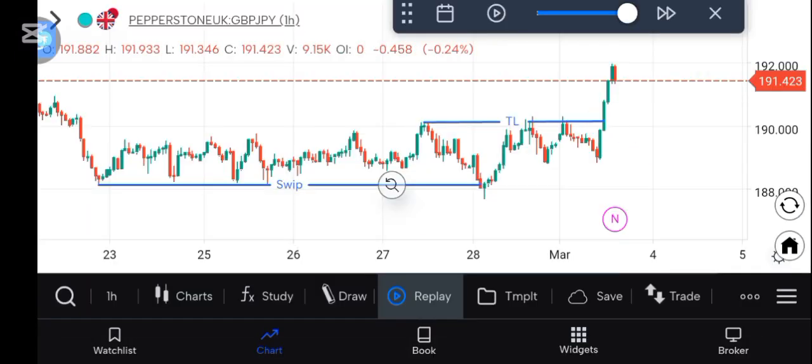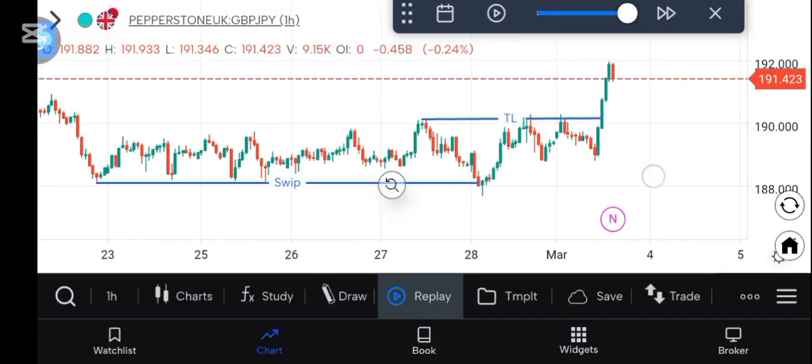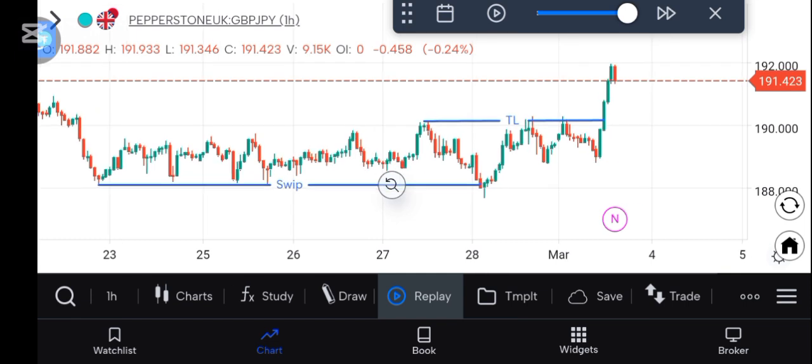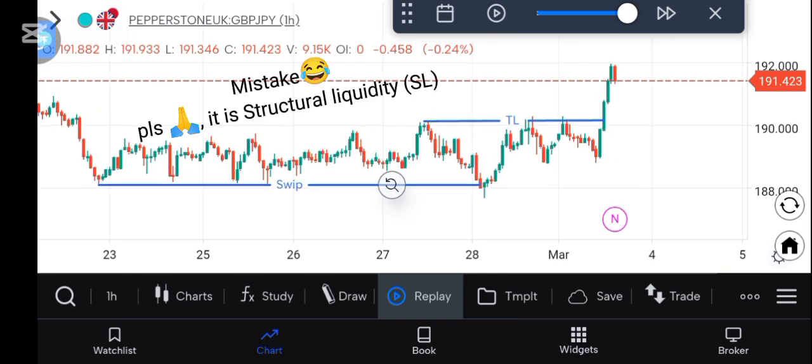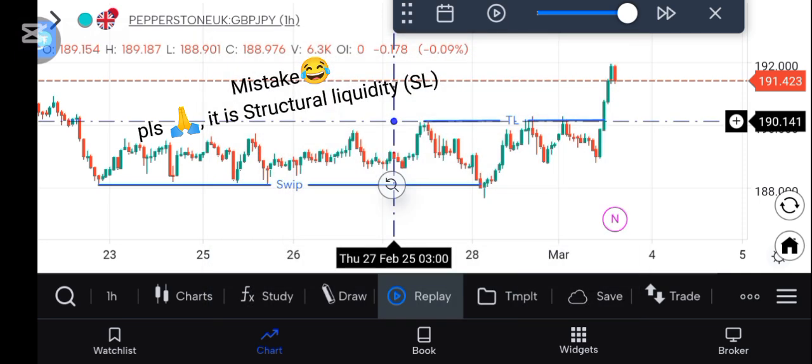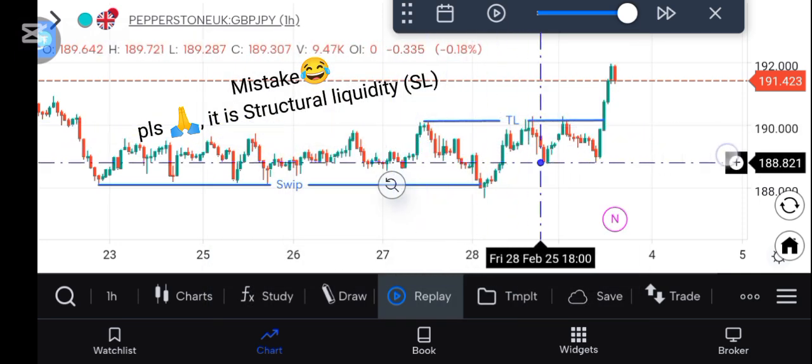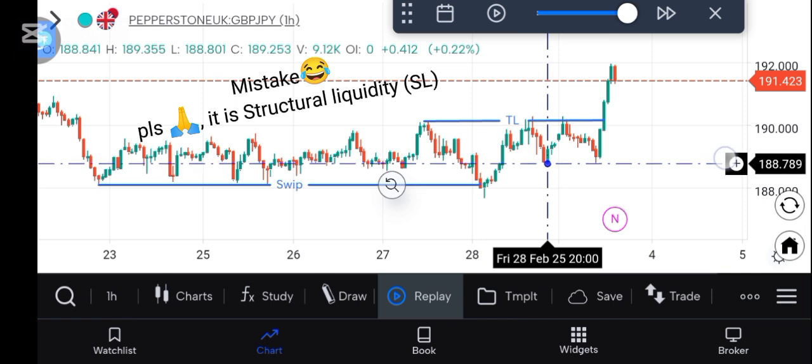Now the third thing we are looking for is the transactional liquidity, and here is the transactional liquidity.